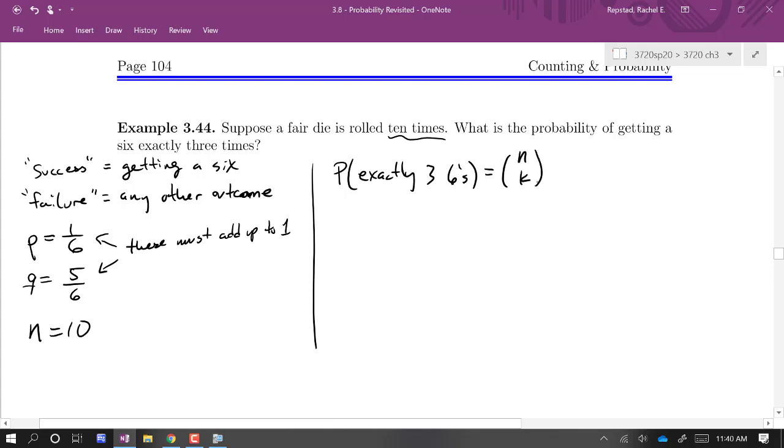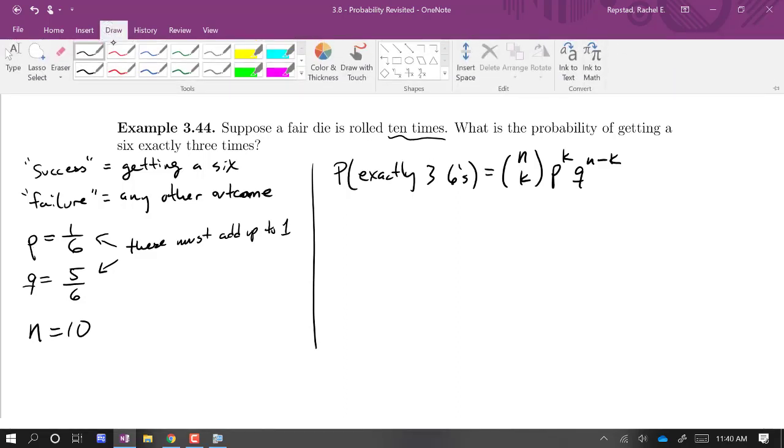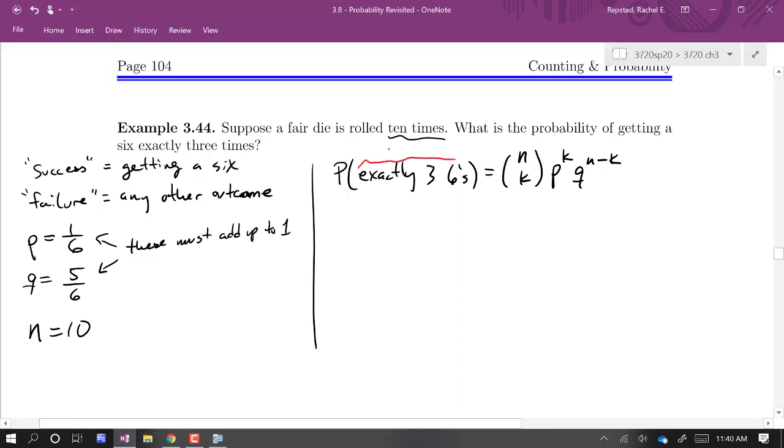N choose K, P to the K, Q to the N minus K. So exactly 3 6s means that I'm looking for the scenario where K is equal to 3. And this calculation right here gives us the probability of having K successes out of N trials.